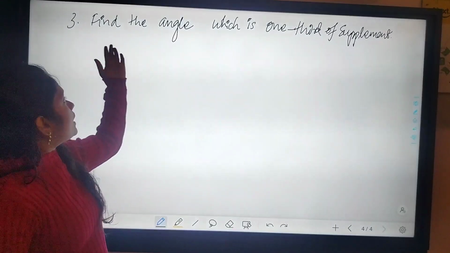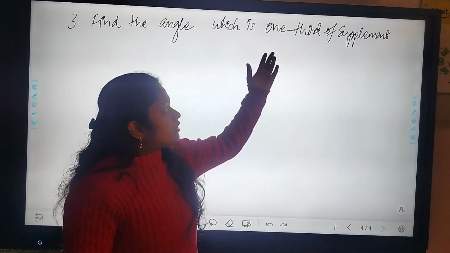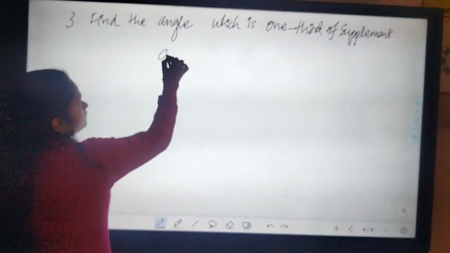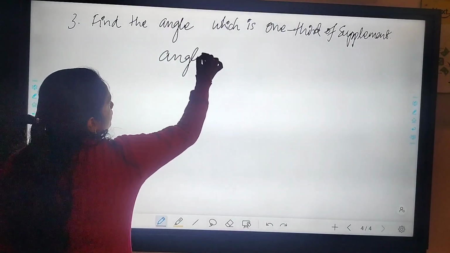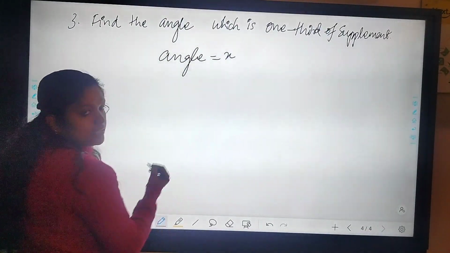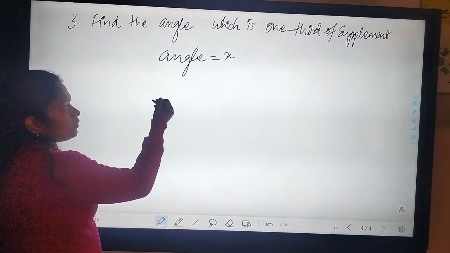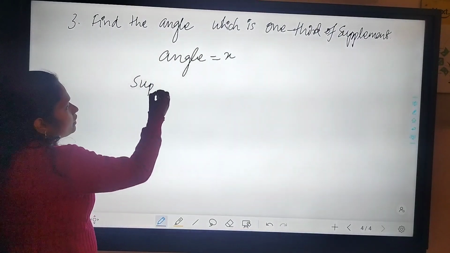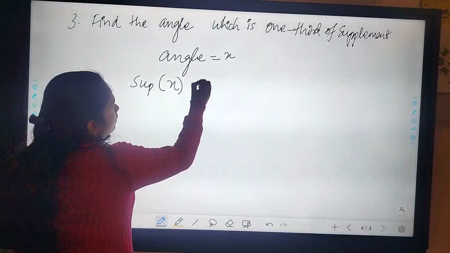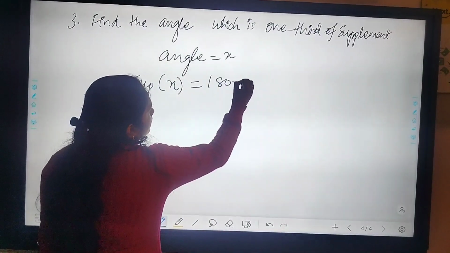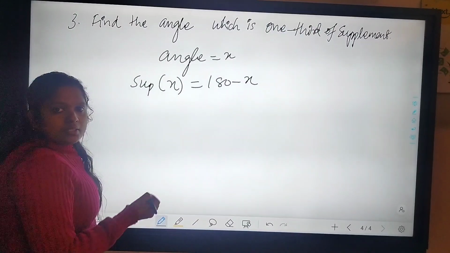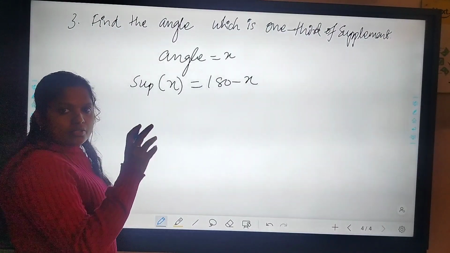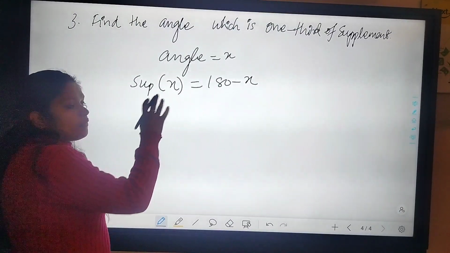From the textbook: find the angle which is 1/3 of its supplement. We don't know the angle, so take it as x. The angle is x. Then we don't know the supplementary angle. So the supplementary angle of x equals 180 minus x, because we know that if two angles are supplementary, the sum of their measures will be 180 degrees.